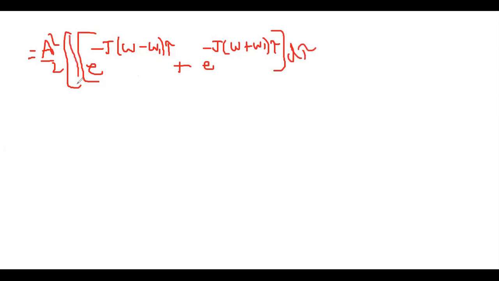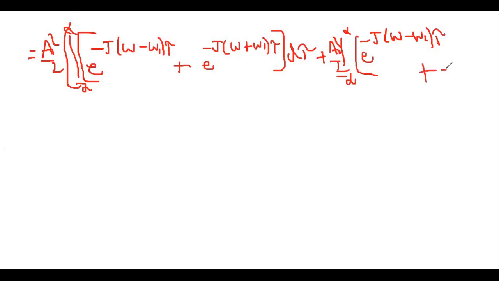Plus similarly, the integral from minus infinity to infinity of a2 square by 2 times e power minus j omega minus omega 2 tau plus e power minus j omega plus omega 2 tau, whole multiplied with d tau.